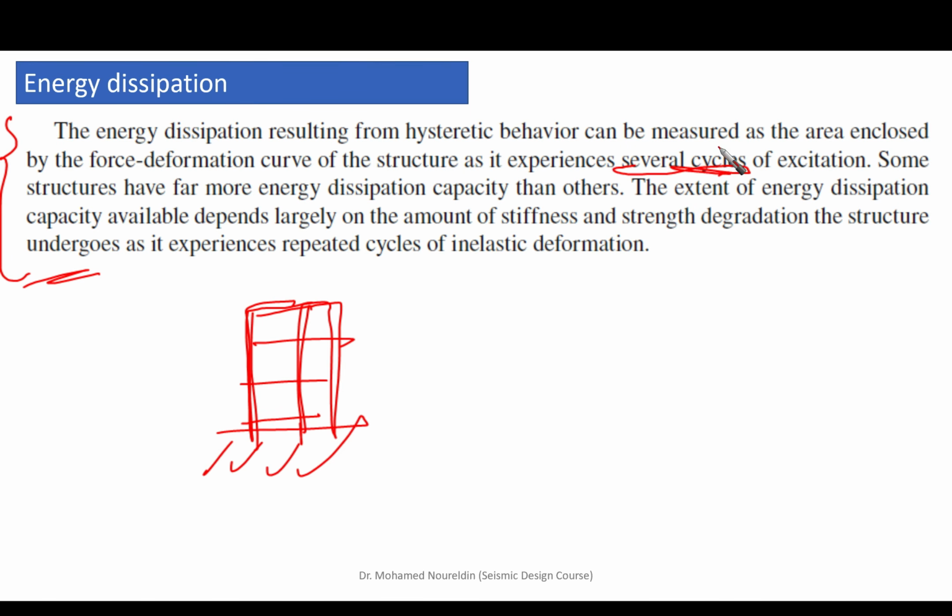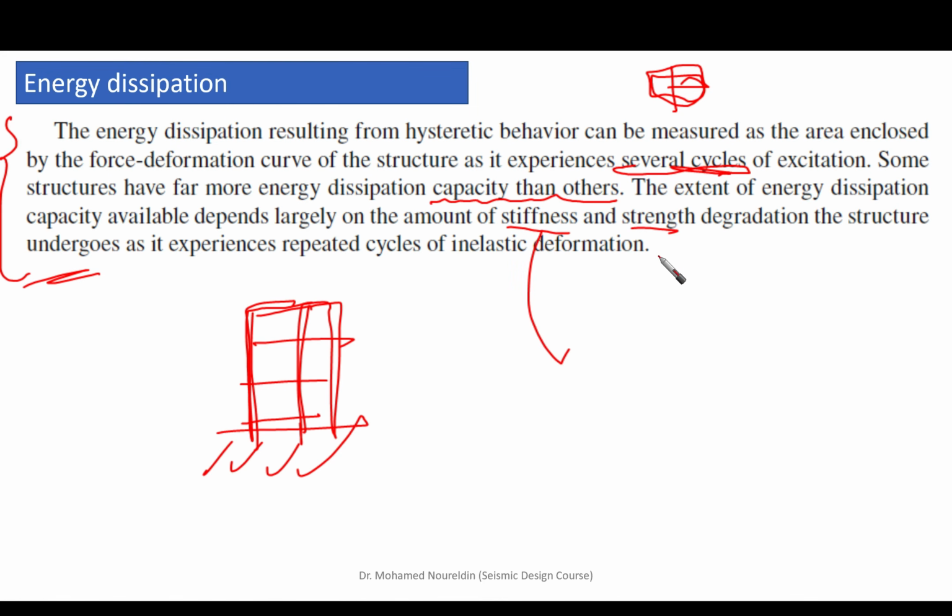These cycles are due to the earthquake, earthquake reversals. Some structures have far more energy dissipation capacity than others, and this is based on the detailing of the connections, for example, and the elements. The extent of energy dissipation capacity available depends largely on stiffness, that's important, and strength.